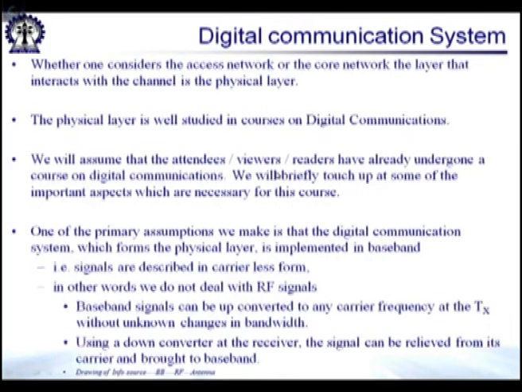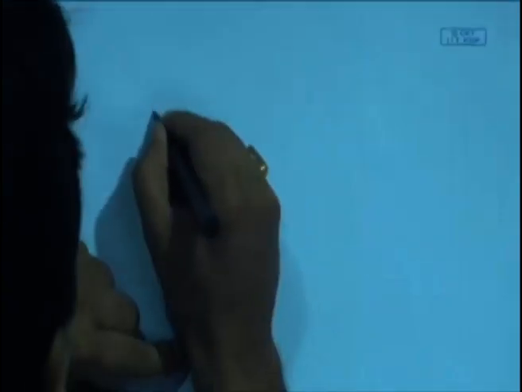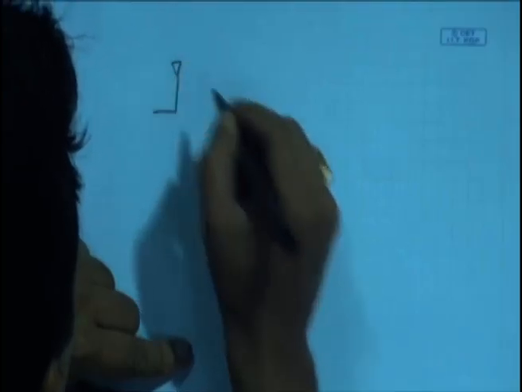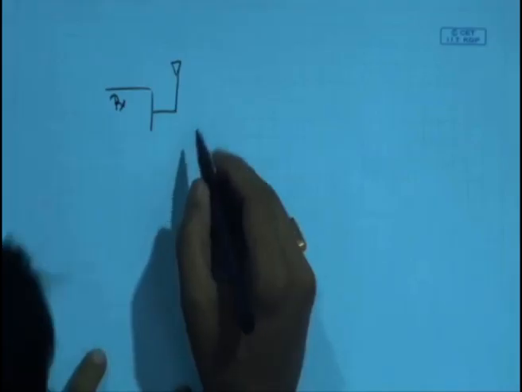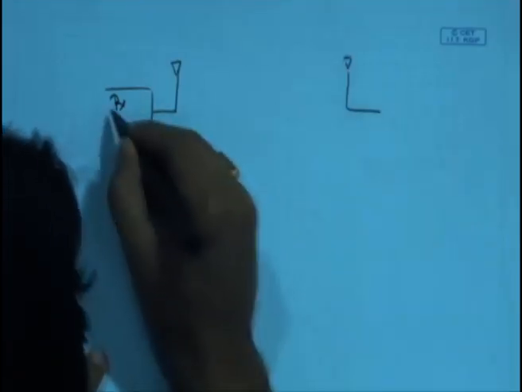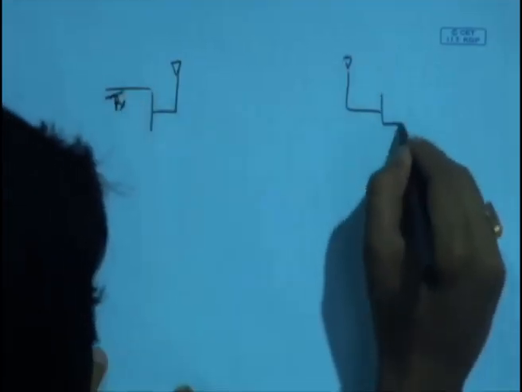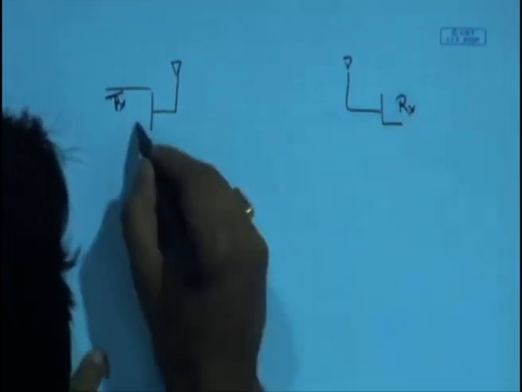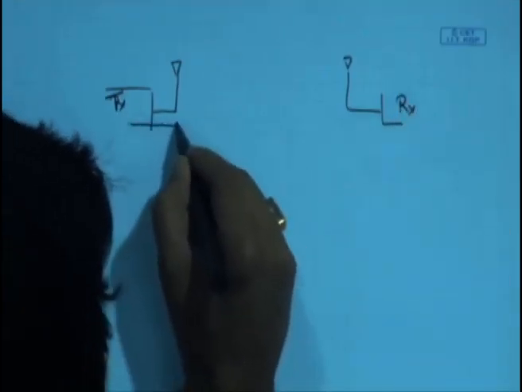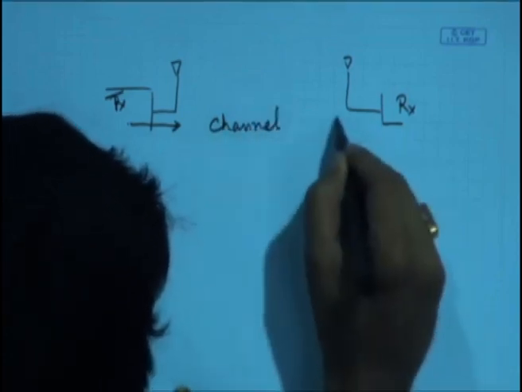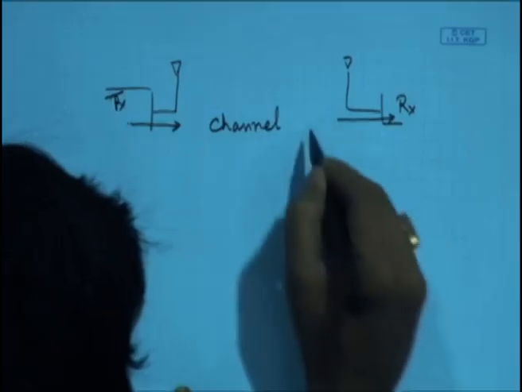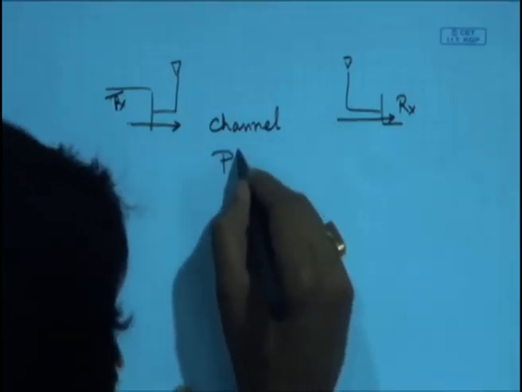Now, let us look at the next important part, which connects the channel. Now, if we see a typical transmitter, the receiver, the transmitter, the receiver, the immediate part of the transmitter which talks to the channel, and the immediate part at the receiver which listens to the channel is the physical layer.